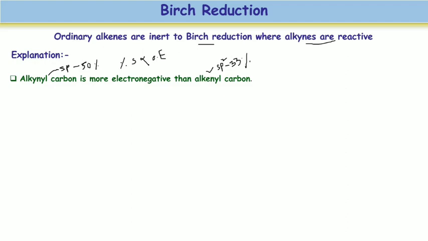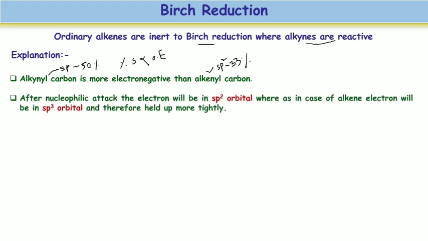So attack of an electron on an alkynyl carbon is much more facile compared to the attack of the electron on an alkenyl carbon. The next point is that after nucleophilic attack, the electron will be in sp2 orbital in case of alkyne. So this is the unpaired electron and this is the negative charge. So the unpaired electron is in sp2 orbital, where we have 33.3% s character.